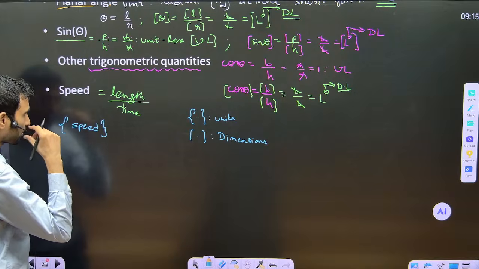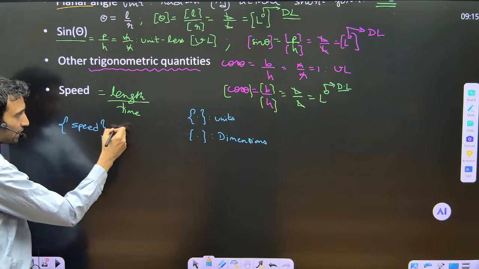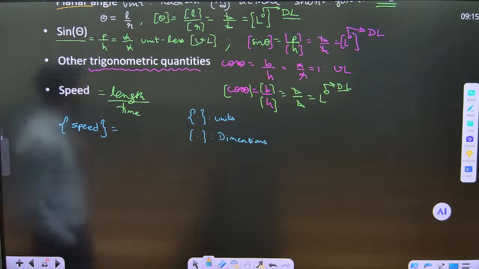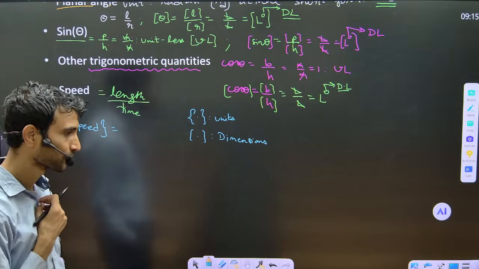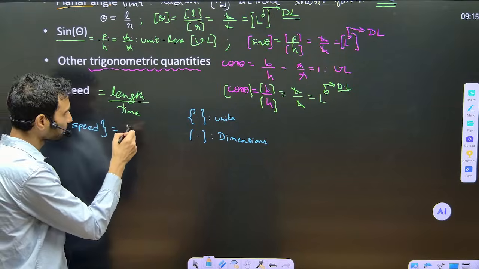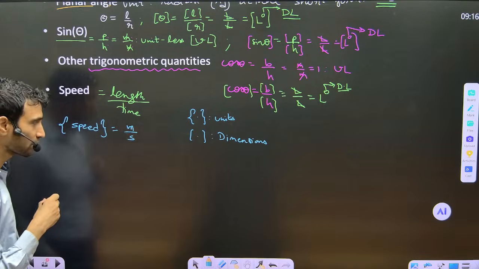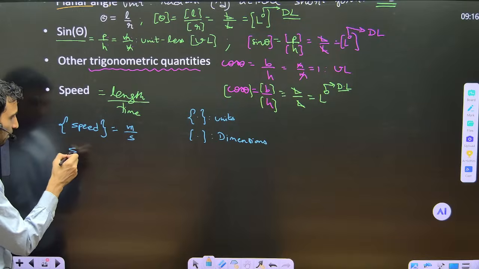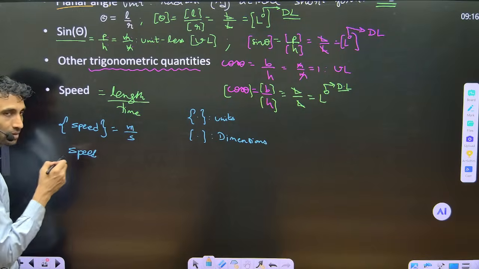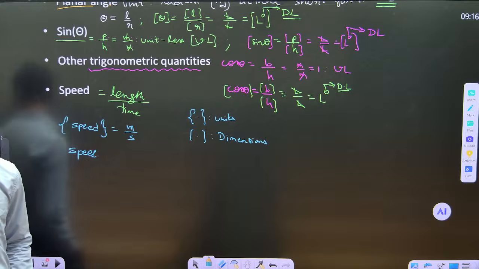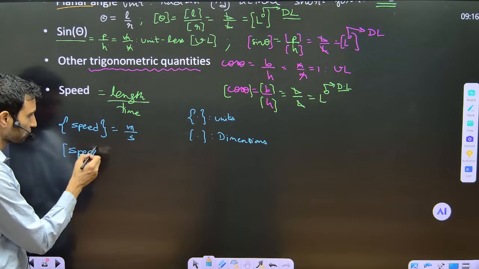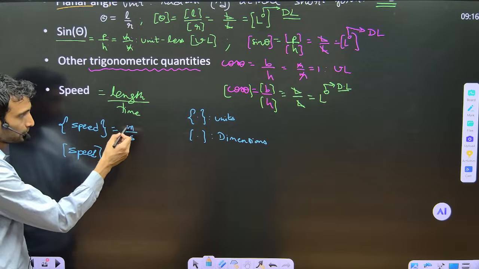So curly bracket for speed. What is that coming out to be? The curly bracket means the units. So what is the unit of length? It will be meter. Unit of time is second. So it will be meter per second. Simple. Speaking of dimensions, what will the dimension of speed be?